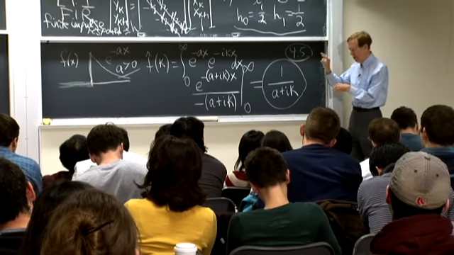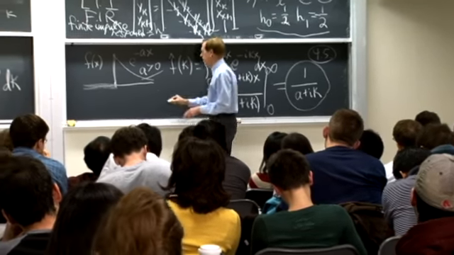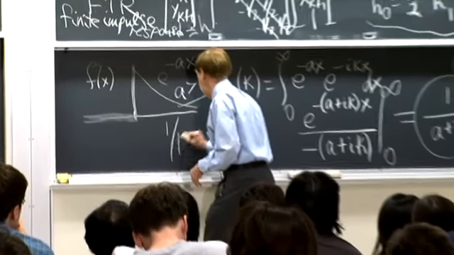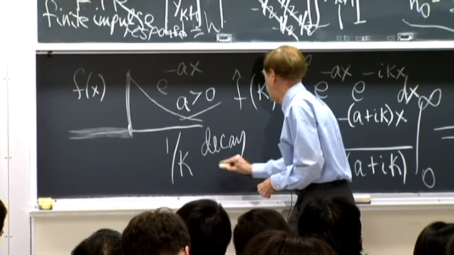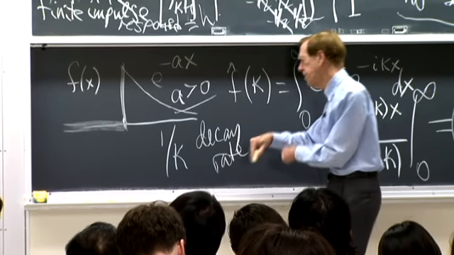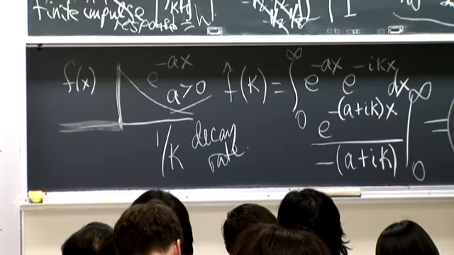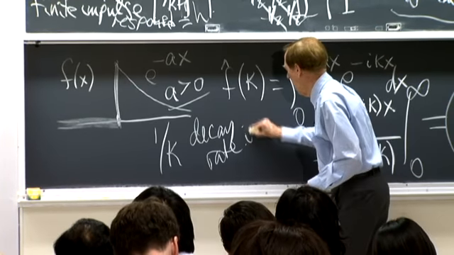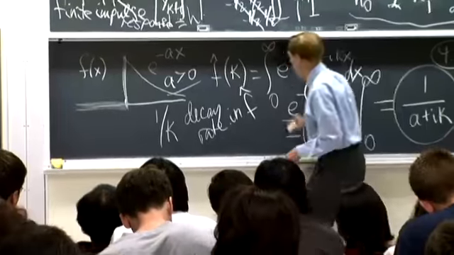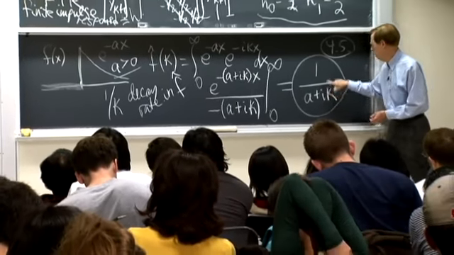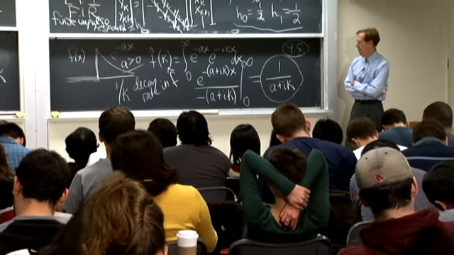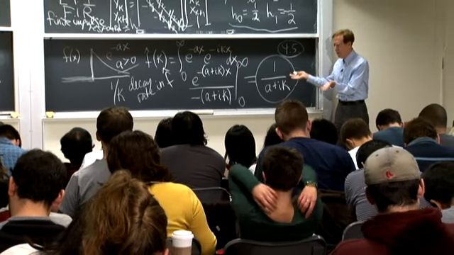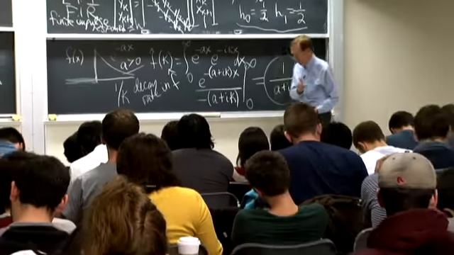A jump in the function, I expect a decay rate of 1 over k, just as for Fourier coefficients, so for the integral transform. So a decay rate in f hat, and it's here, 1 over k in the denominator. So that's a good example.